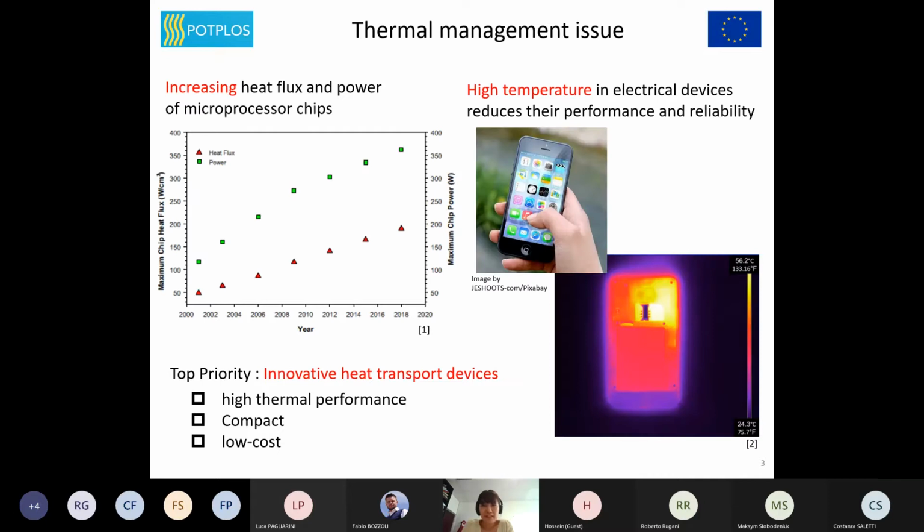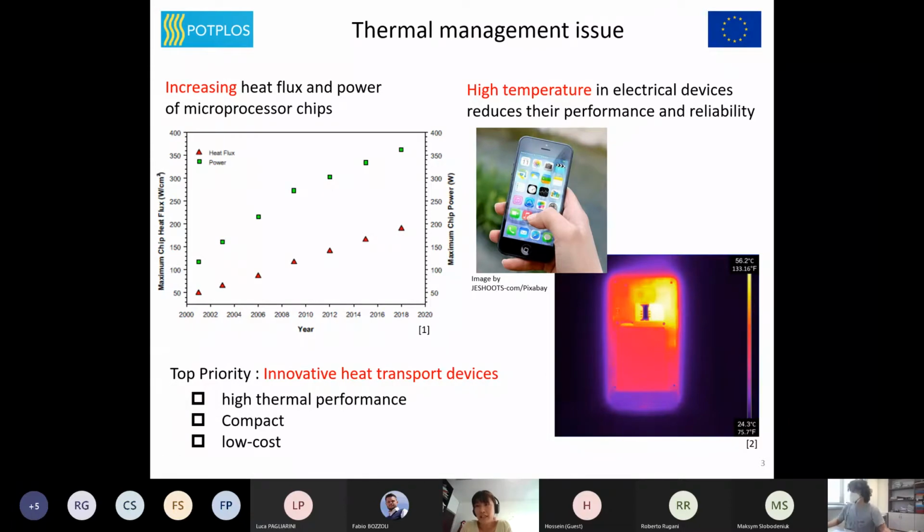Recently, thermal management has become a critical issue for industry due to the widespread introduction of microelectronics in almost every processing line. The heat flux and power of microelectronics devices have continued to increase linearly, as shown in this left figure.